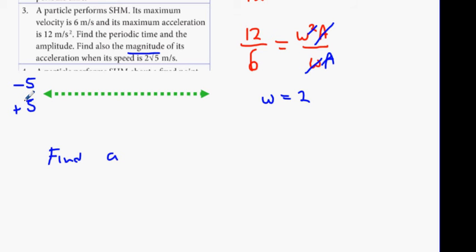That makes sense? Okay, so find A when phi equals 2 root 5. So guys, can anybody give me an equation that has both phi and A in it?